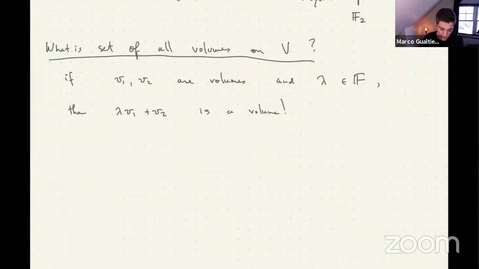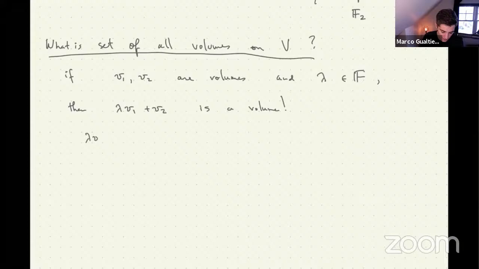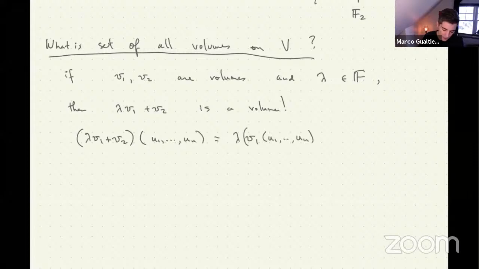Okay, what do I mean by that? Well, if I wanted to see why this is a volume, then all I would need to do is just evaluate V1, multiply the resulting number by lambda, and then add that number to the number that you get when you apply V2 to those vectors.